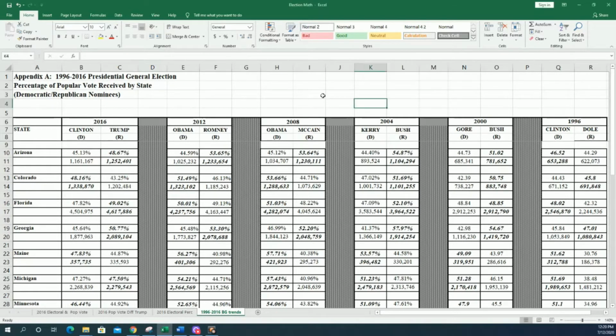So basically you can see here what I've done is I have the percentage on top and then the popular vote on bottom. And you can see the votes for either candidate increase over time with population growth and that sort of thing.